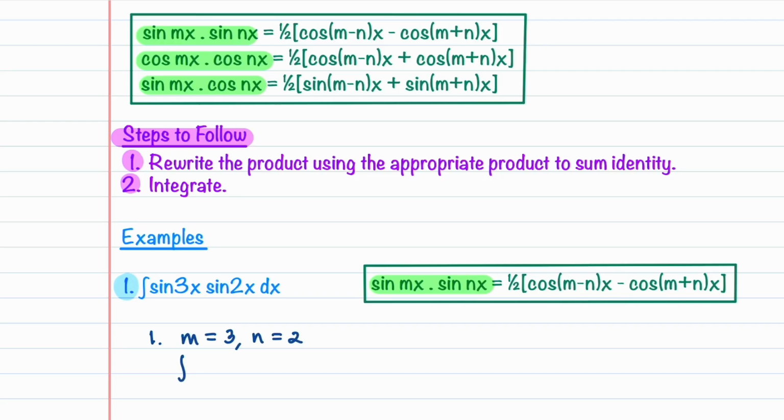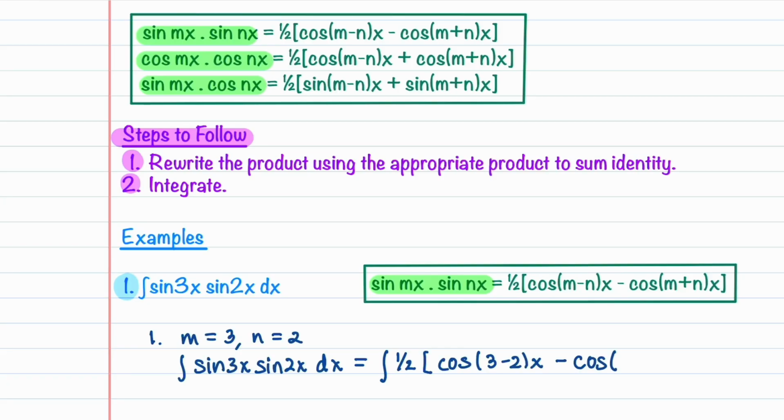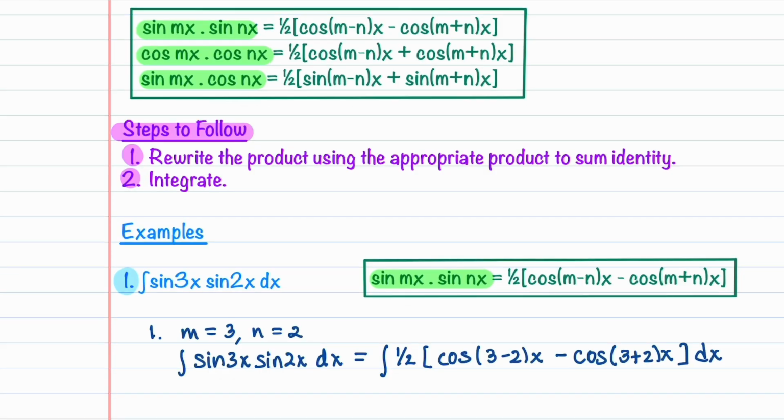This gives us the integral of sine 3x sine 2x dx is equal to the integral. Now we're going to use our formula. We have 1/2 cosine m minus n, so that's 3 minus 2x, minus cosine m plus n, so that's 3 plus 2x, and then we have our dx.